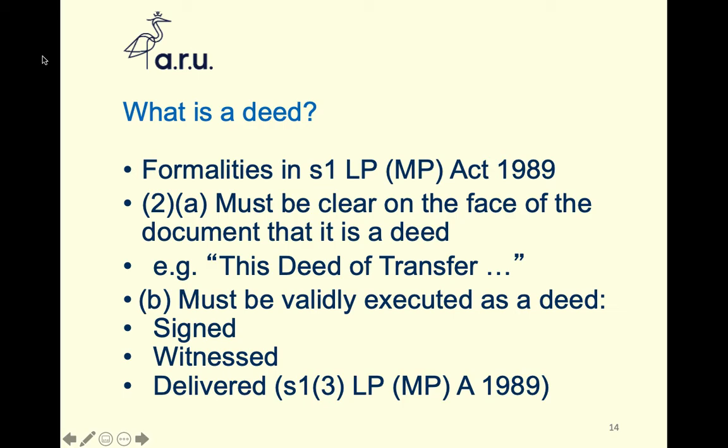In order to then, under Section 1(2)b, be validly executed, it would have to be signed, it would have to be witnessed, and it will have to be delivered to the interested party and or their solicitor under Section 1(3).